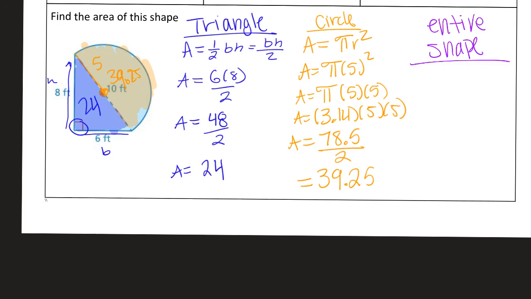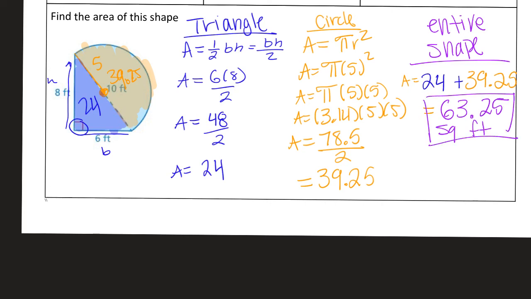If I have the parts, what do I need to do to find the area of the whole thing? Exactly, I need to add them together. So I'm going to take this 24 plus 39.25. And I get that my area of the whole shape is 63.25 square feet.